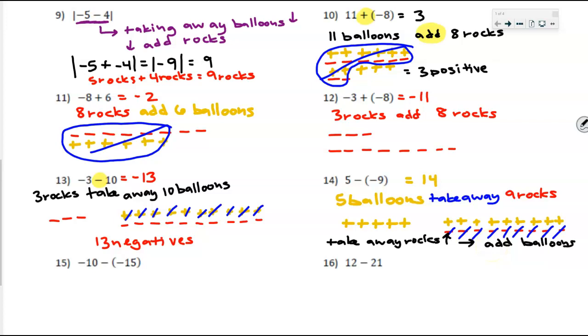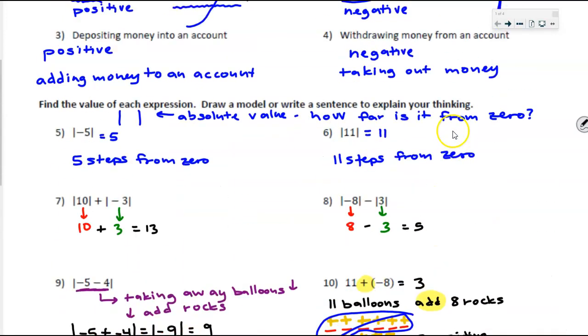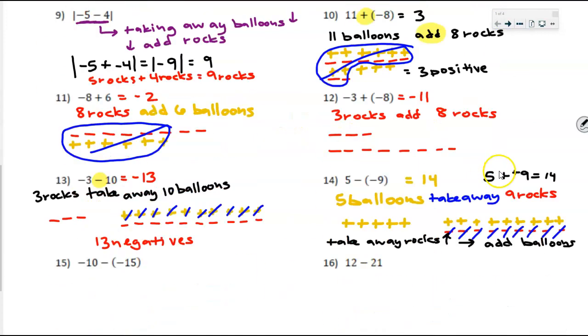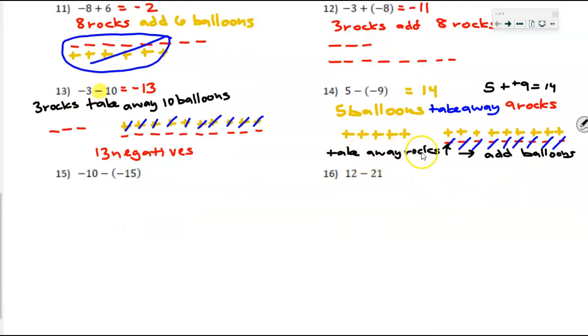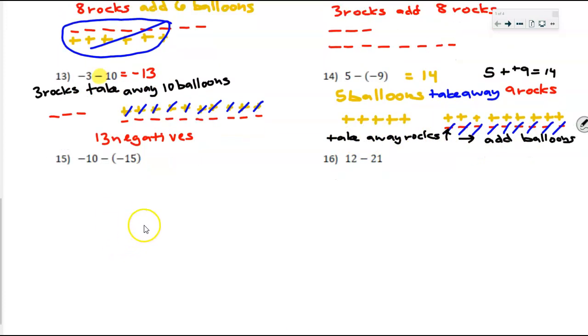So I could have changed this problem and thought about it as 5, add a +9, and now that's one that I can do without needing a model at all. So again, the directions were draw a model or write a sentence to explain your thinking. So if you didn't draw a model, it's okay if you wrote a sentence to explain your thinking like I did there in black.